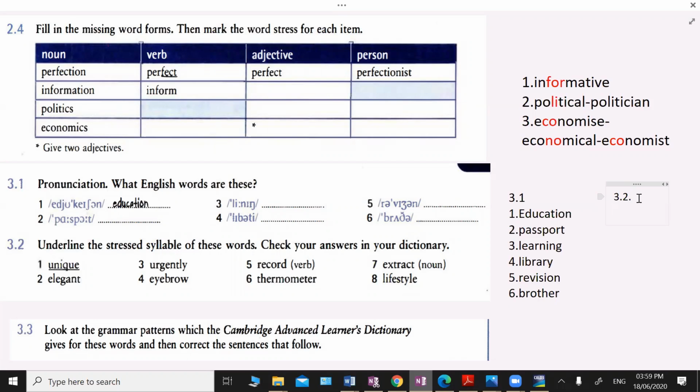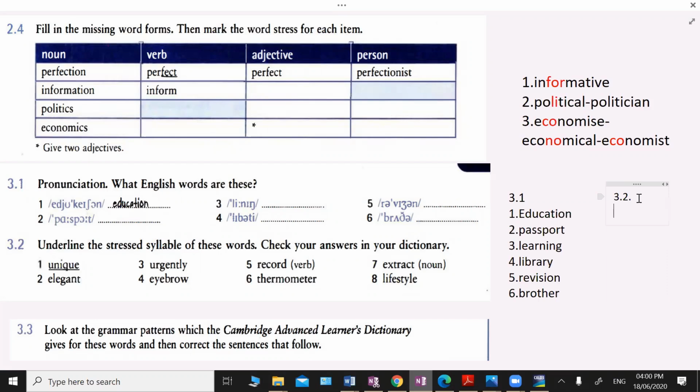Okay. Now underline the stressed syllable. Underline the stressed syllable of these words. Check your answers in your dictionary. Now here again, you can check your dictionary now or later. Underline the stressed syllables, meaning the words where you see stress.